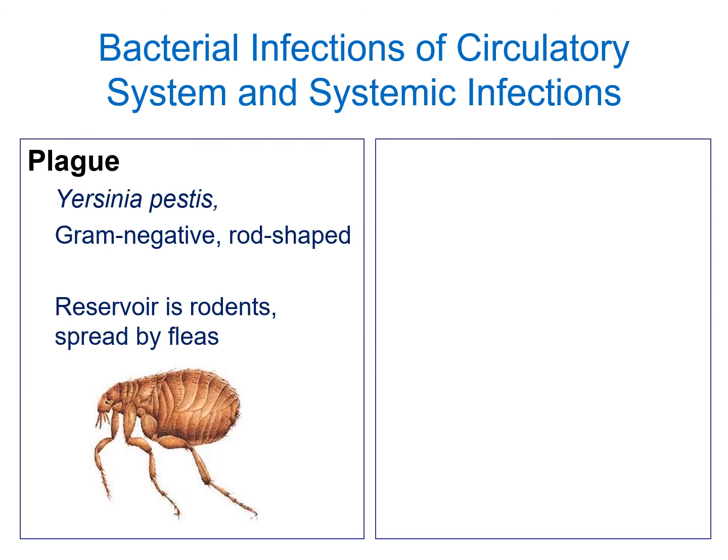Some examples of bacterial infections we've talked about that can be circulatory in nature would be the plague. So remember, that's caused by a bacterium known as Yersinia pestis. Can be spread from person to person by fleas, and the reservoir is typically rodents. Remember that this comes in a few different forms.